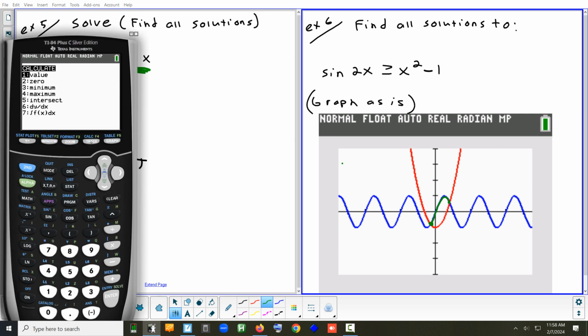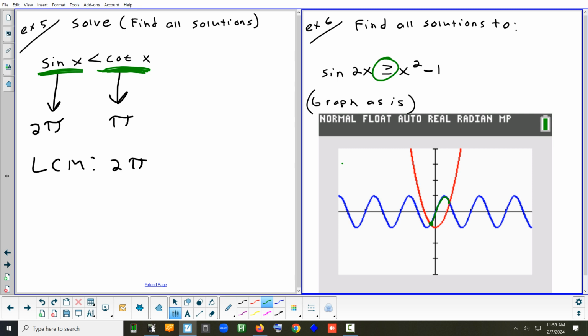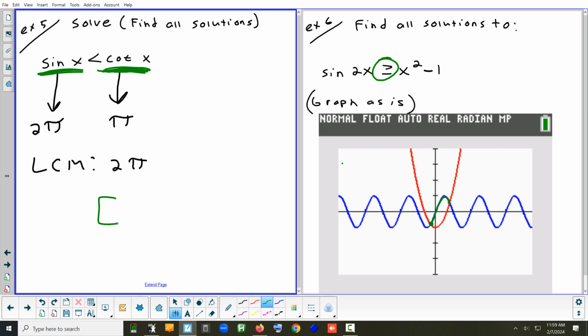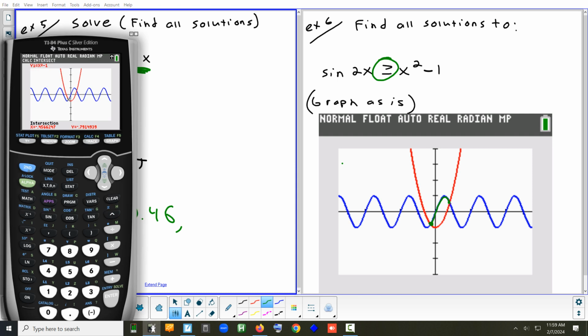So second calc intersect. It's 0.46. Would we include or not include 0.46? Yeah, we can include it because this time it has the equal to. So it'd be 0.46 up to second calc intersect 1.26.